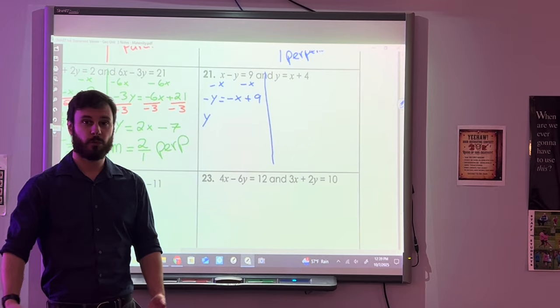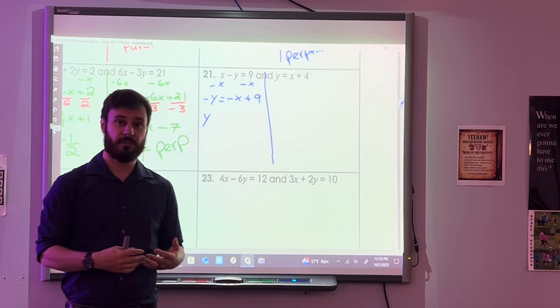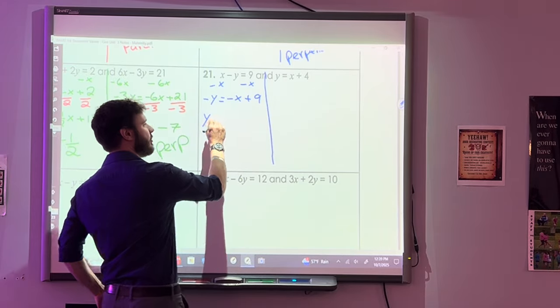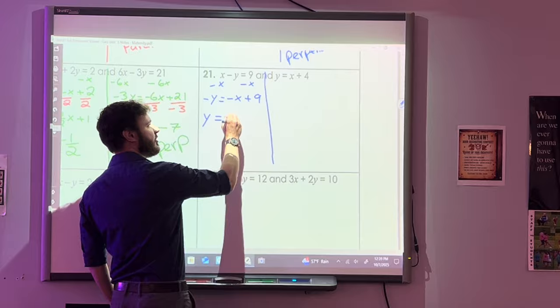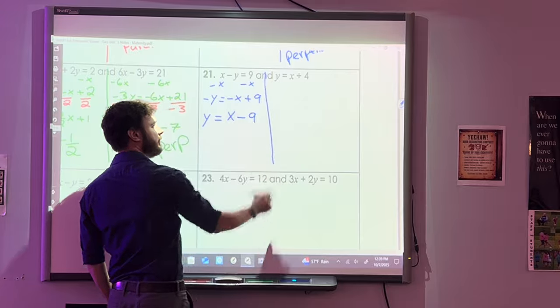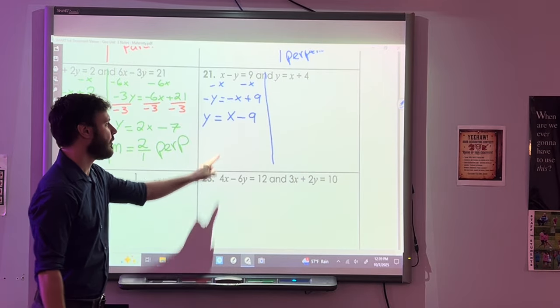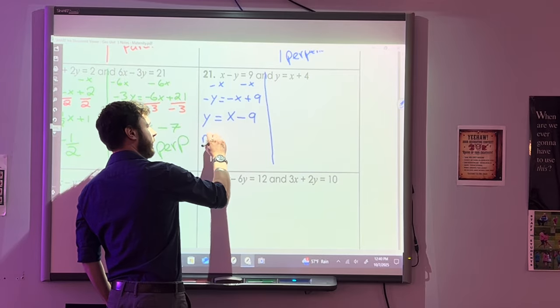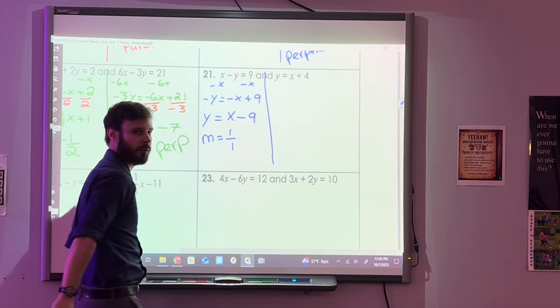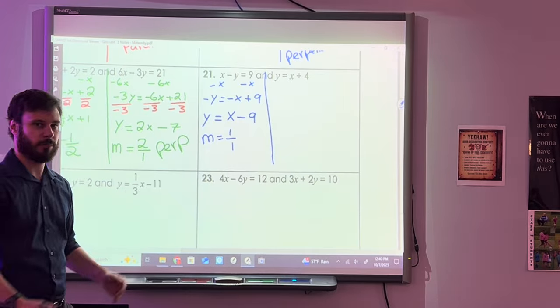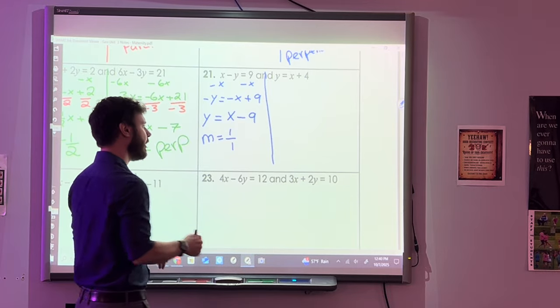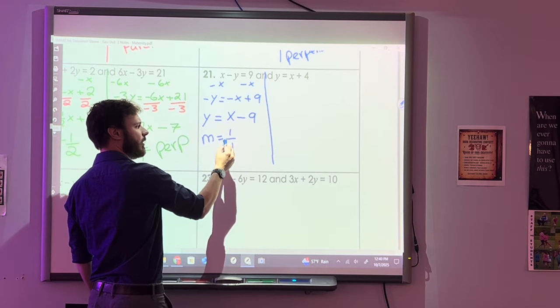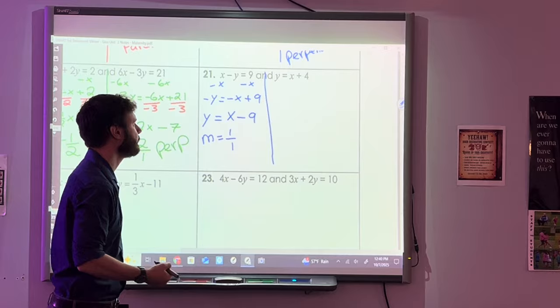But the algebra rule says what you do to one thing, you gotta do it to everything else. So if I change this sign, that's fine. I just gotta change everything else's sign. So now my slope is what's in front of the x, and there's an invisible 1 there. So I'm gonna put it as 1 over 1, because again, a lot of invisible math here happening. The 1 is invisible, and then that 1 is an invisible 1 underneath it.